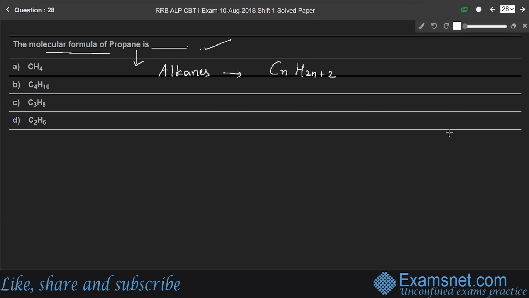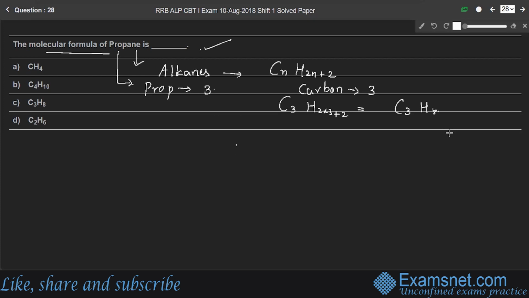Since the word propane means 3, prop means 3, the number of carbon atoms is 3 in propane. Therefore, hydrogen atoms will be 2 into 3 plus 2, C3H2 into 3 plus 2, which is C3H8.